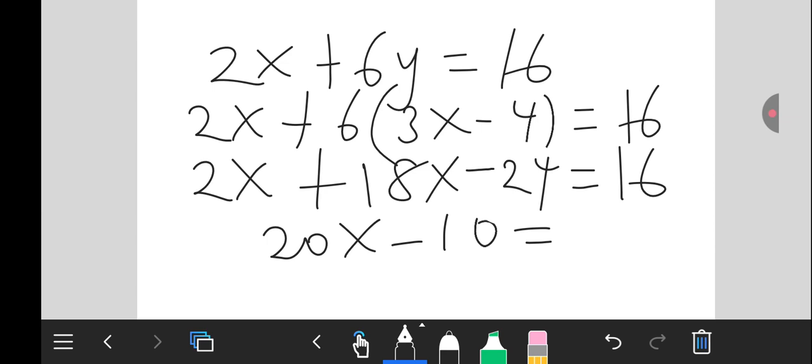So we are supposed to have negative 24 there, is equal to 16.